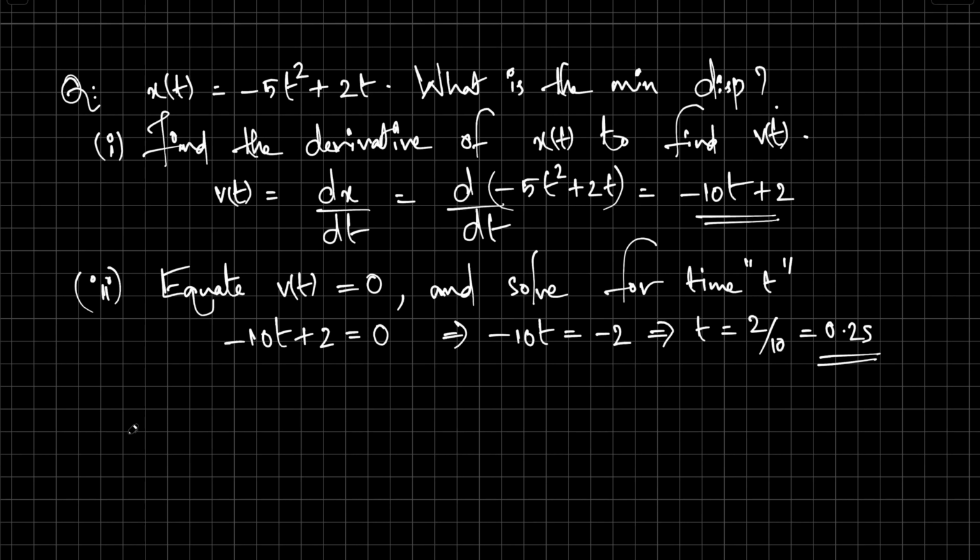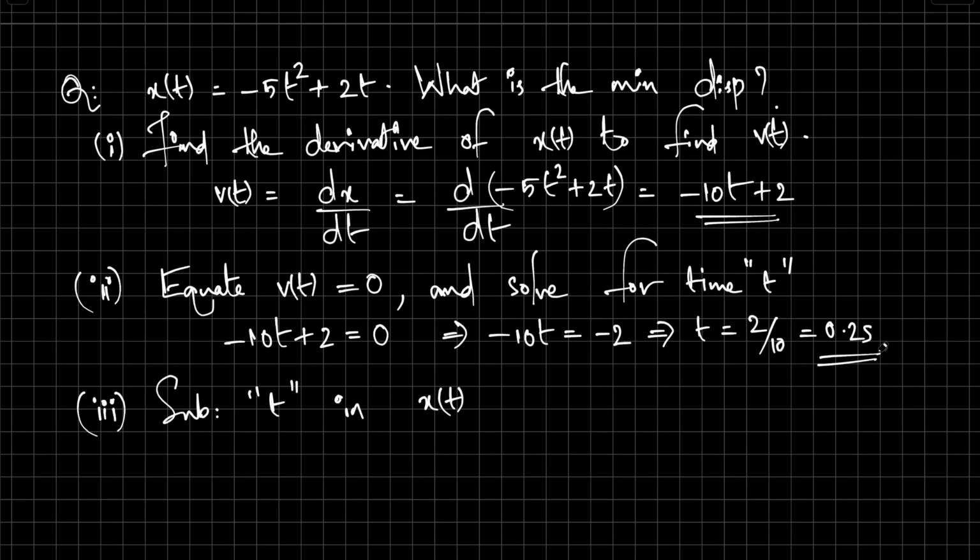How do we find the maximum displacement? This is the time, right? And we're going to find the maximum displacement. So the last step is substitute the value of t back in the position function. This is our position function.